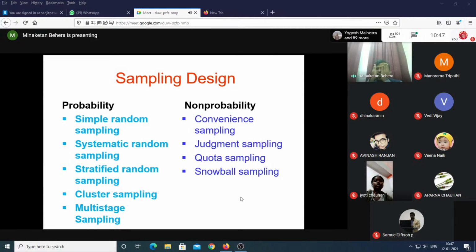Another sampling, remember this one, is snowball sampling. Why is it called snowball sampling? This sampling is used when it is very difficult to select the sample.